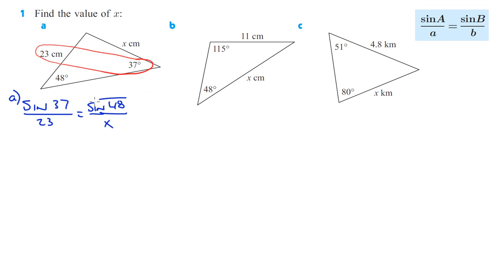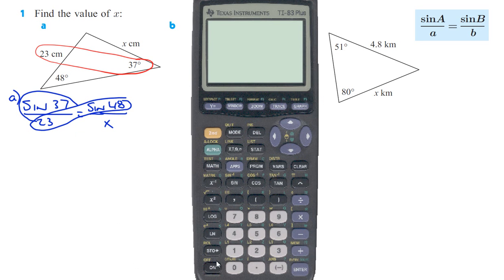Okay, so we can just do cross products, right? So we'll do 23 times sine of 48, and then we'll end up dividing by the sine of 37 at the end. It's usually best to do 23 times sine 48 instead of sine 48 times 23, because it's just going to give you better chances of getting the right answer here.